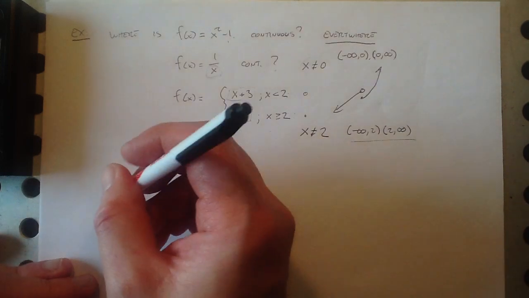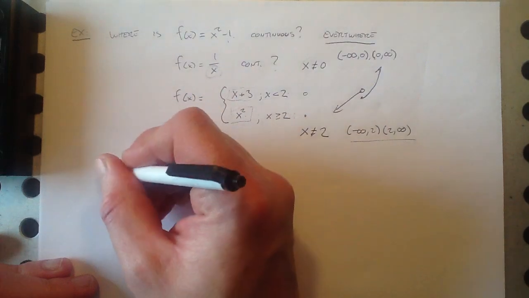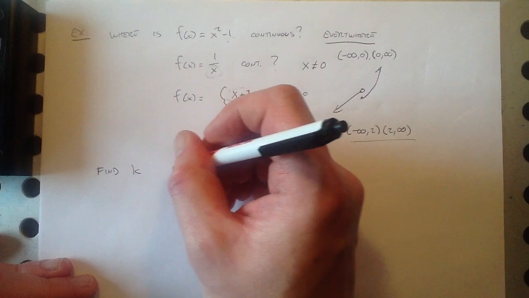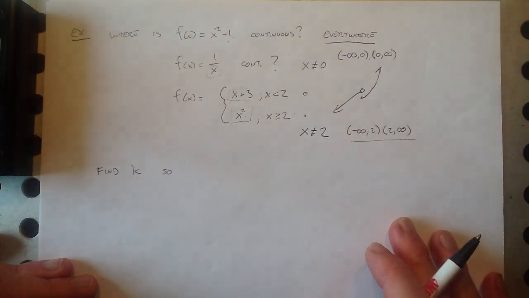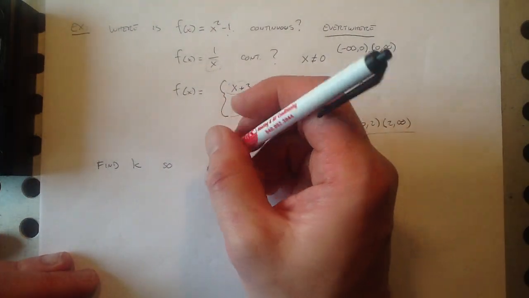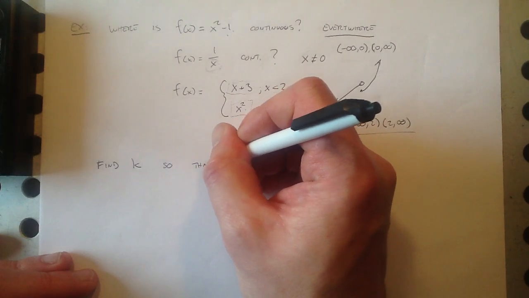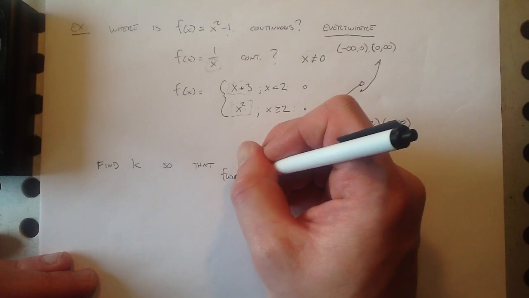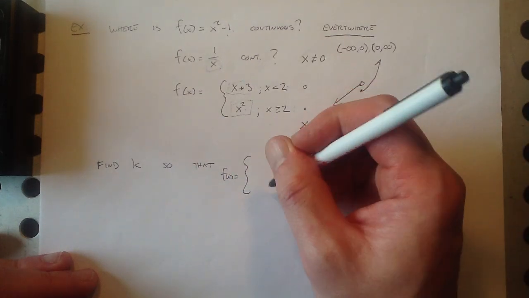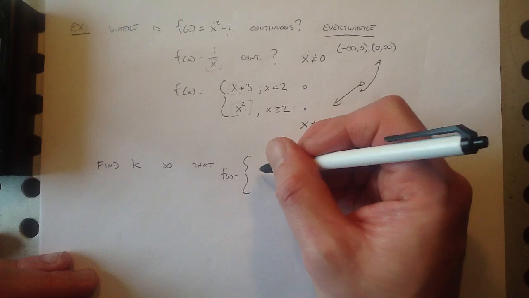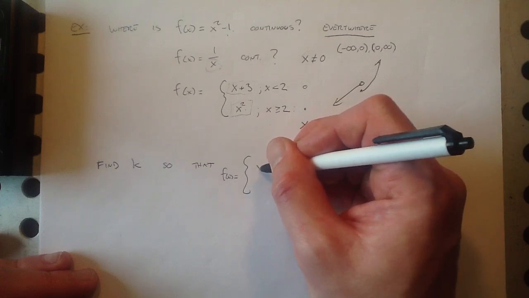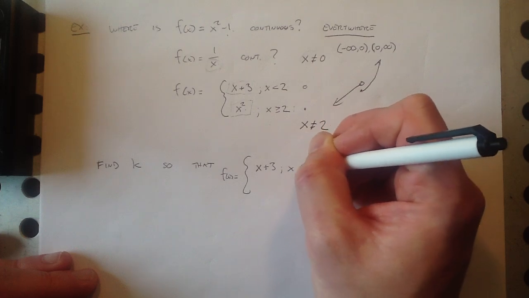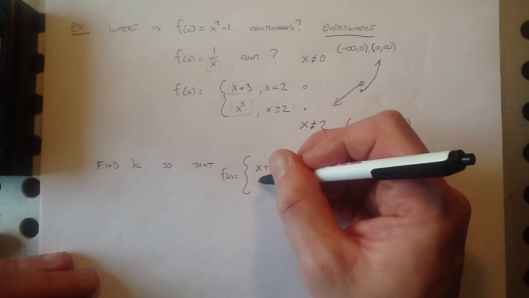Now here's an interesting type of problem. Here's one example of this. Now find k so that this piecewise function, f of x, is equal to, let's say, I'll sort of clone the one from the last example.